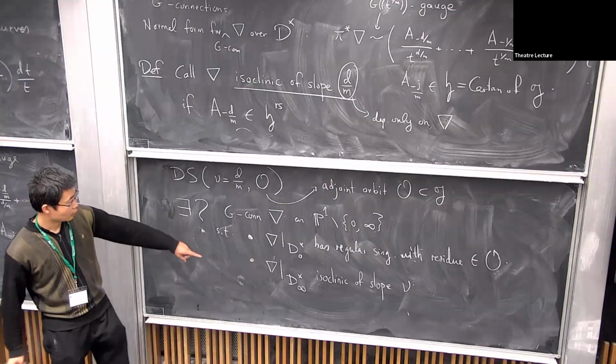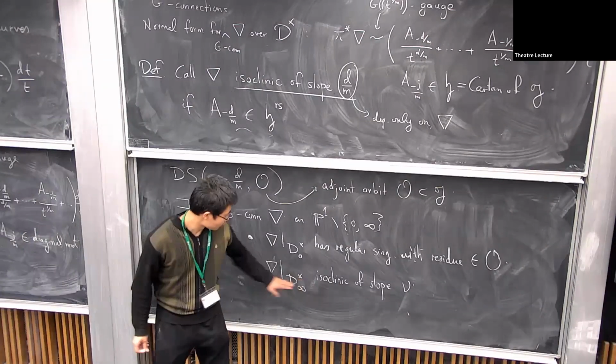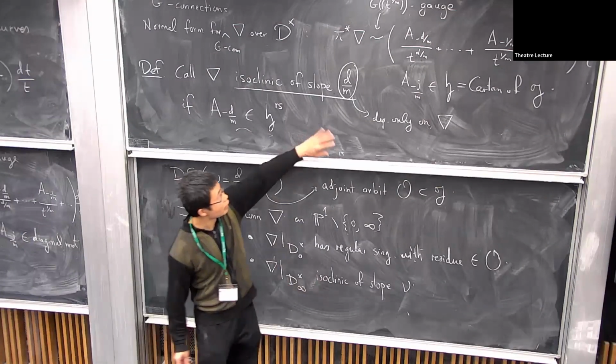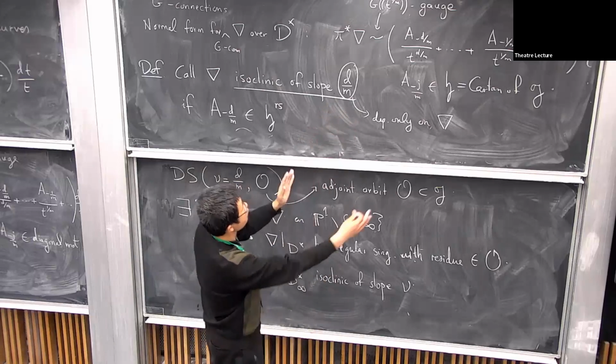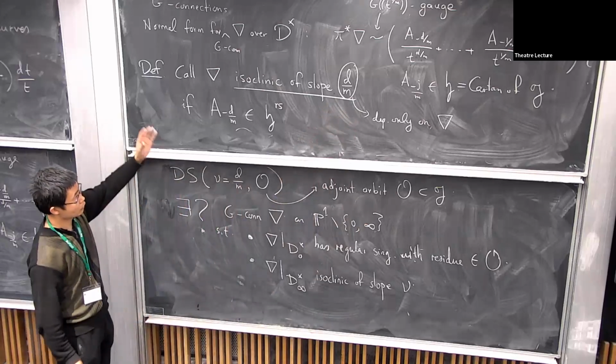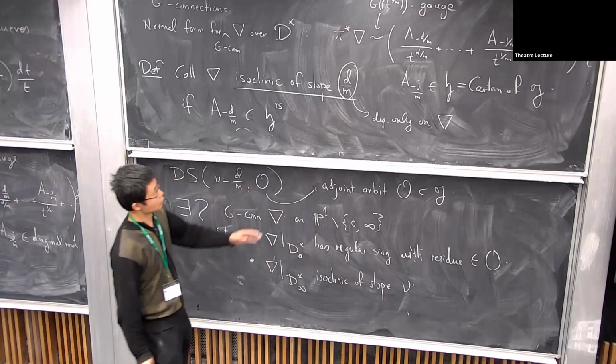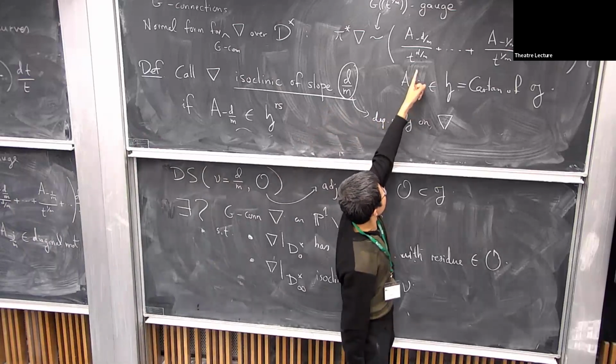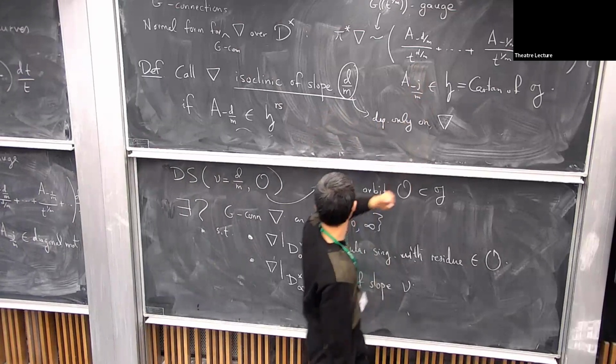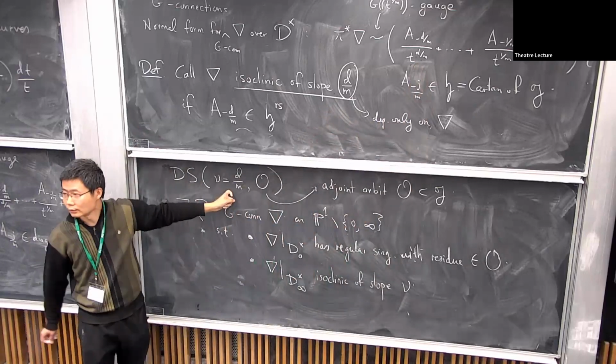So the meaning of this isoclinic, it just means you expand it in this normal form up to some cyclic covering, and the highest order pole is this rational number that you're given in the beginning.